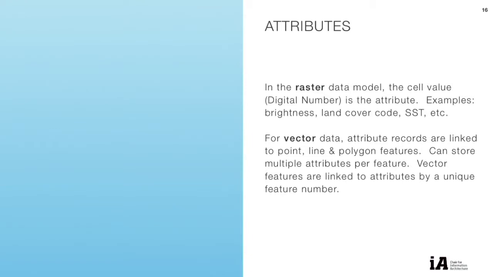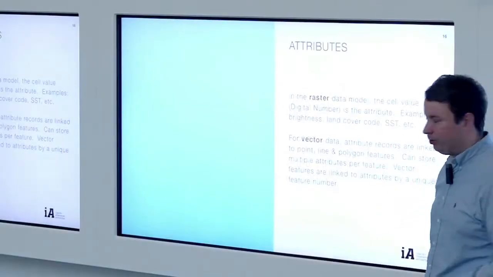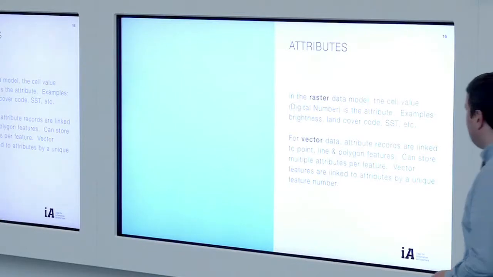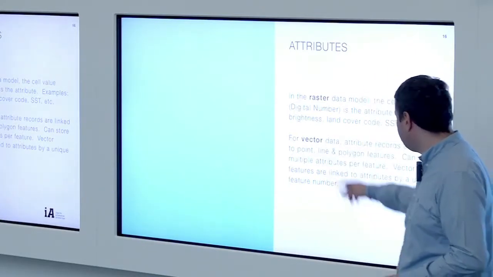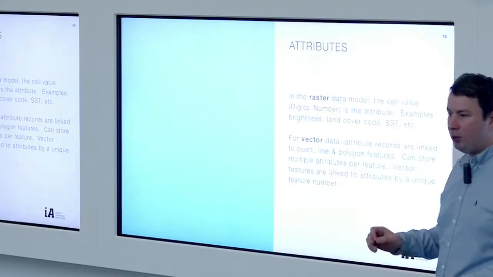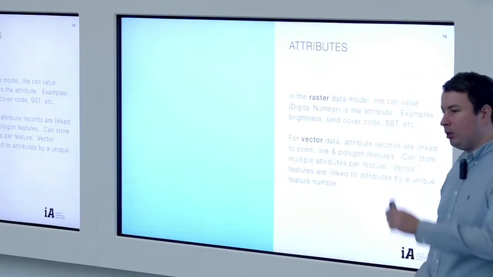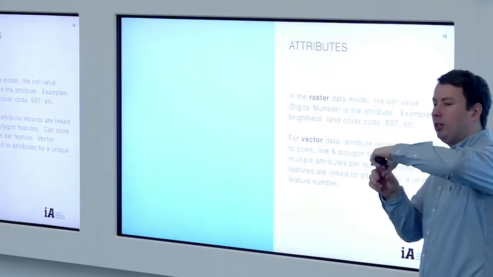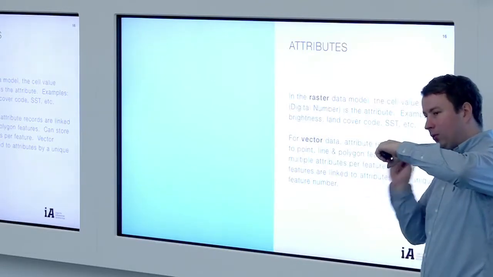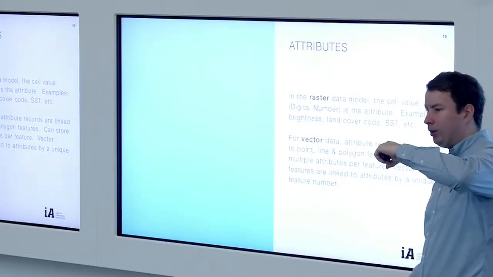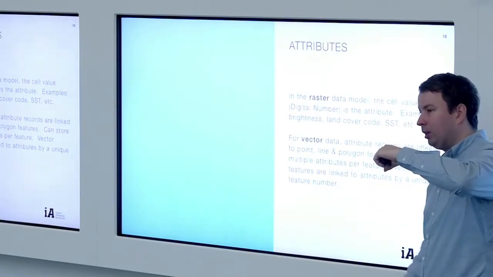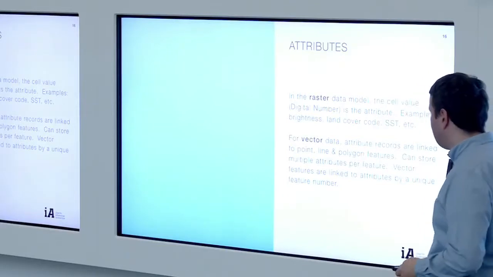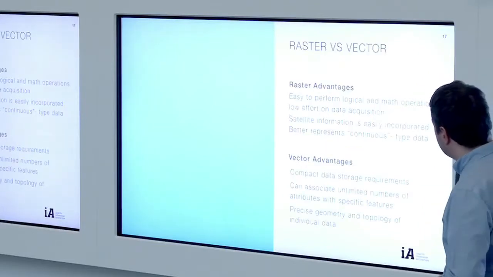So the brightness can reflect how high the elevation is, for instance. And for vector data, the attribute records are linked to point, line, and polygon features. So for each coordinate, you have a vector of single entry points of attributes. Actually a matrix, because you always have a description for this table. Each little point has a table of certain kinds of data.